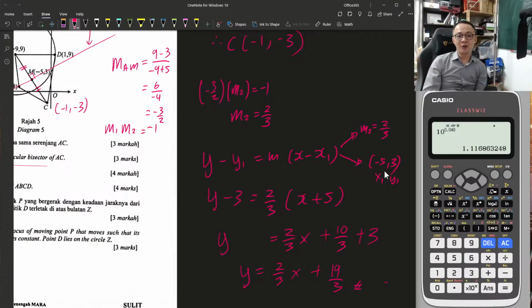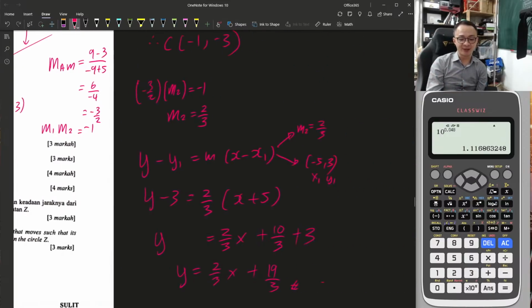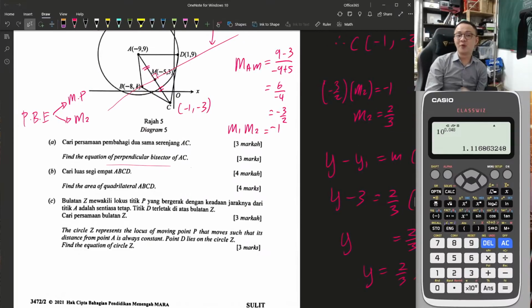Okay, this is how we form the perpendicular bisector. Because a perpendicular bisector means it will be 90 degrees to the line AC, and it will touch the midpoint of AC. Then after we are done, we can find the point B, because B is lying on this equation.